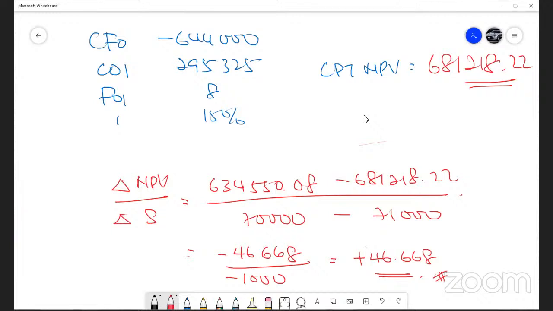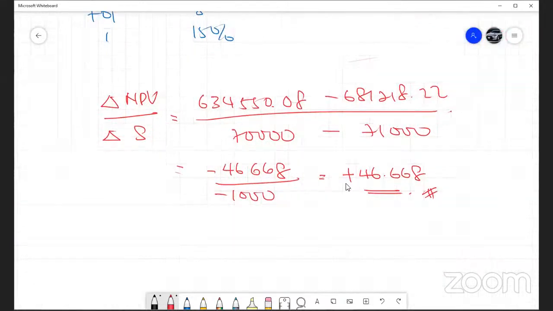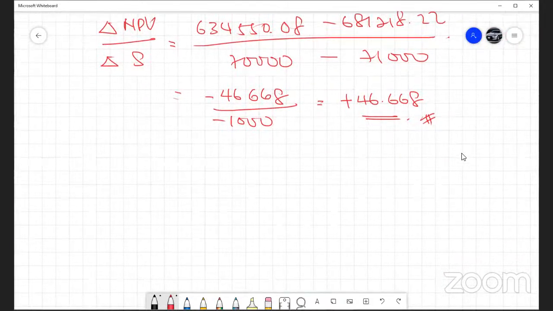Okay, so based on the question again, the question tells you what happens if there's a drop of sales by 500 units. Then what happens to your NPV? Explain what your answers tell you about a 500 unit decrease in projected sales. So easy, you know each unit represents 46.668.